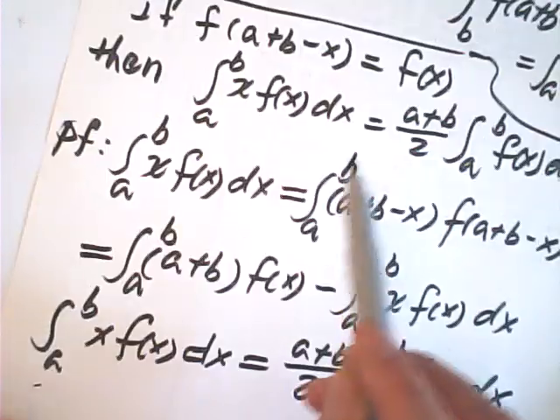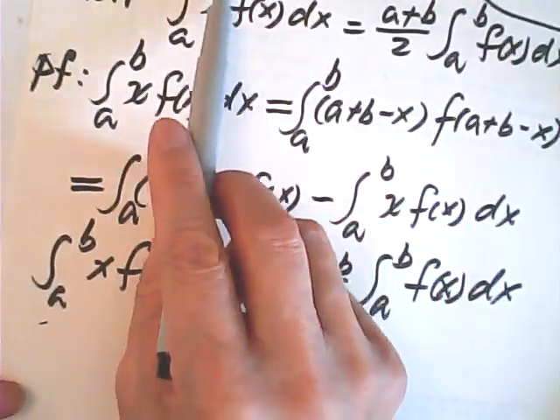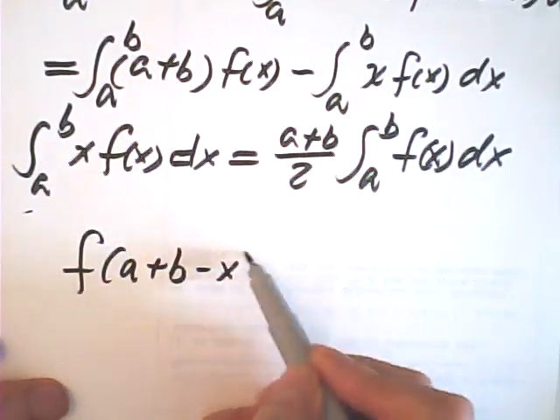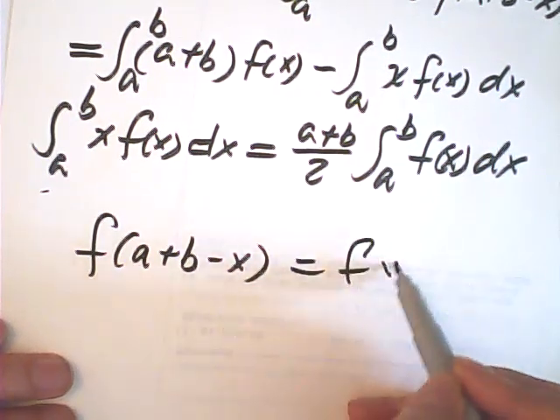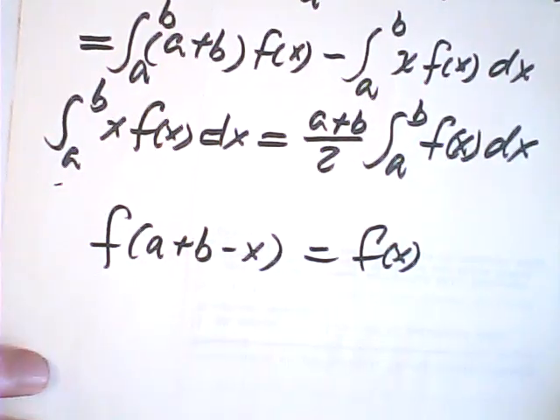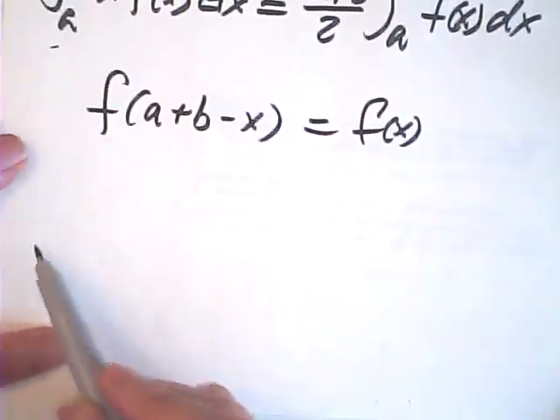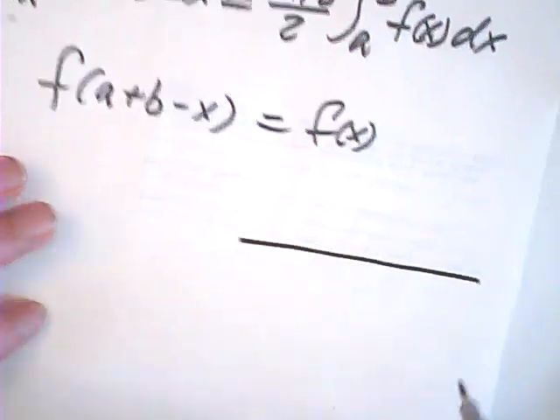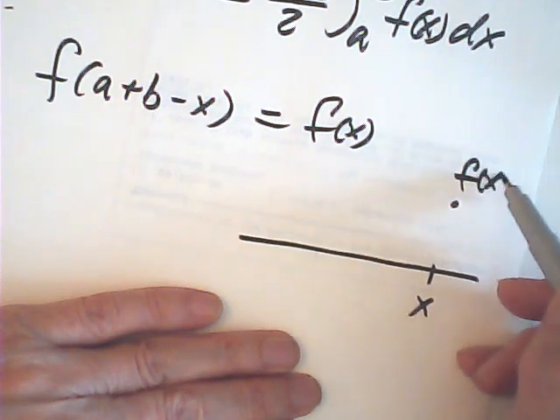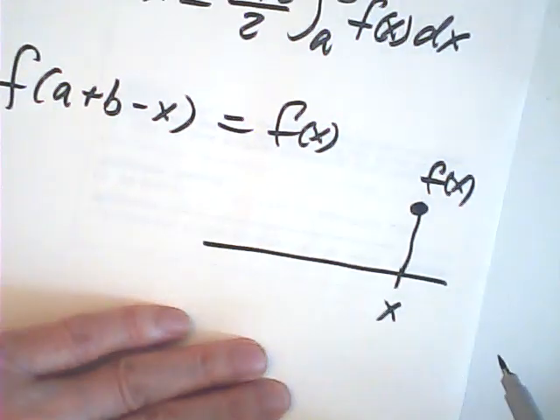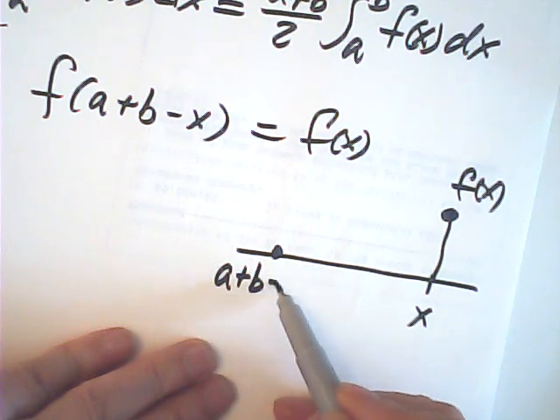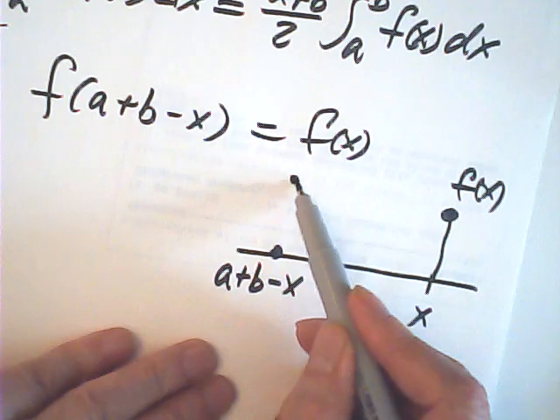Now, what situation is it when this one is equal to that one? When f of a plus b minus x is equal to f of x, what does this function mean? Okay, that means, look, if you use a graph, it's much easier. This is x, right? This is f of x. Okay, this point is a plus b minus x, the same height.